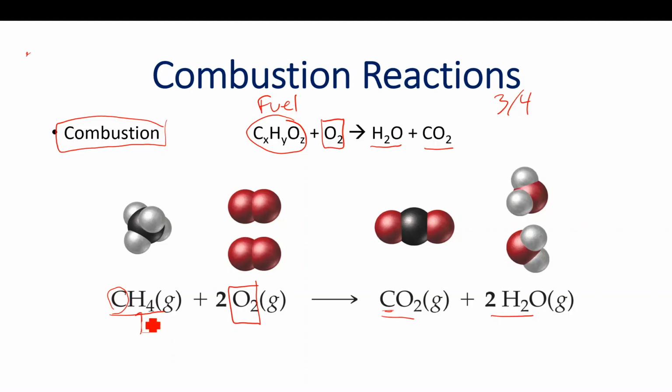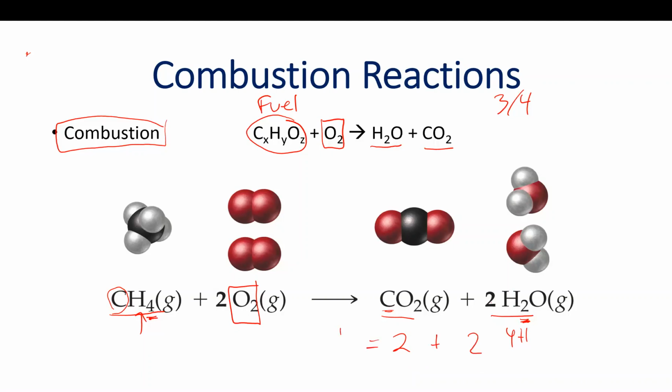So I first go to hydrogens, and I have 4 hydrogens in CH4. I go over here, H2O only gives me 2, so 2 times 2 gives me the 4 hydrogens on this side. Last I would need to balance my oxygen. Well, I have 2 oxygen in CO2, and then from the 2 water molecules, I have another 2.